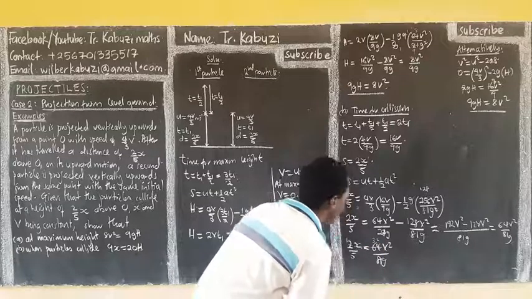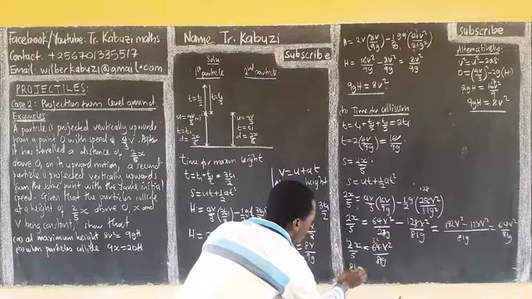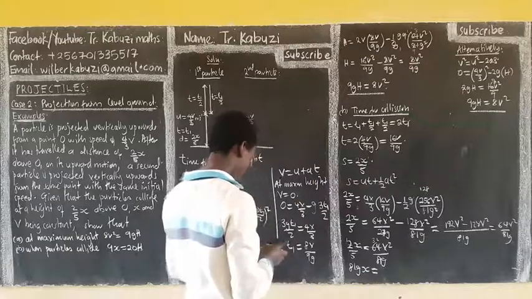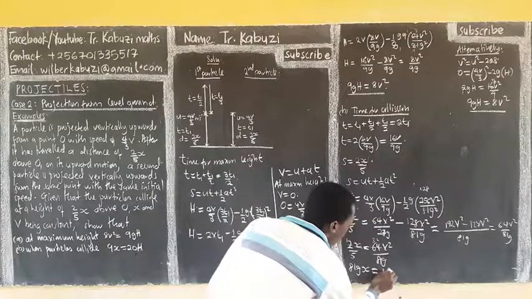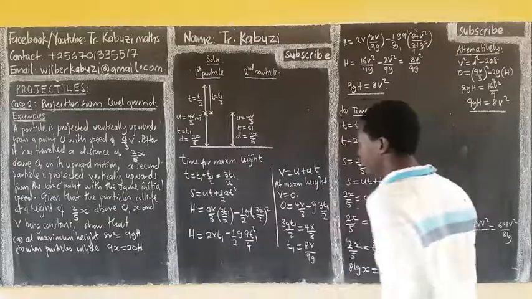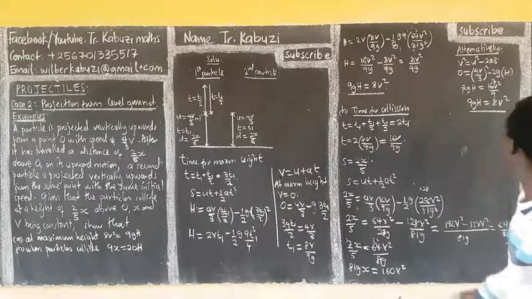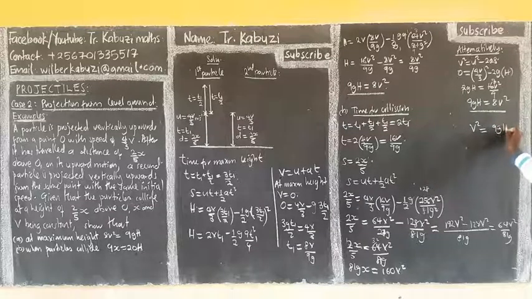So on this side I have 81 gx equal to 32 times 5, 160 v squared. Now our task is to remove v squared. Our v squared is going to be 9dh over 8.